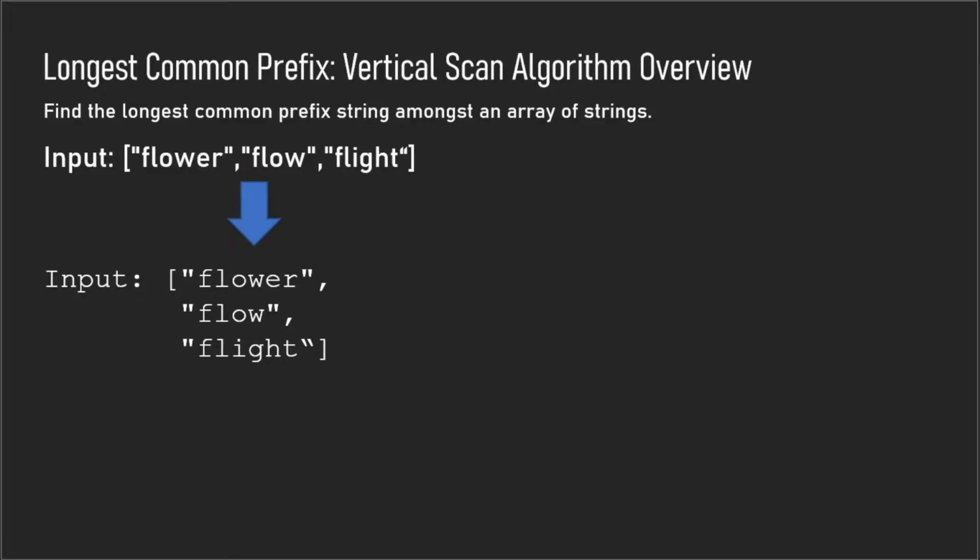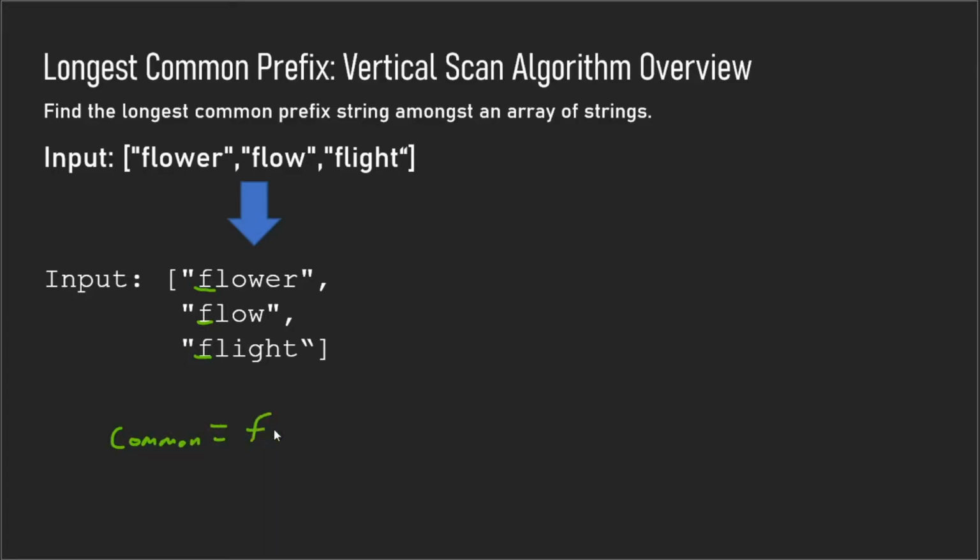If you were to visualize the input array as a vertical array with every single string element stacked on top of each other, we can examine the string elements column by column to find the longest prefix. We start first at F and scan through all of the Fs, and we see that they're all Fs, so we add that to our common prefix.